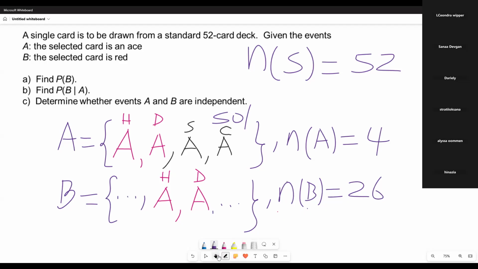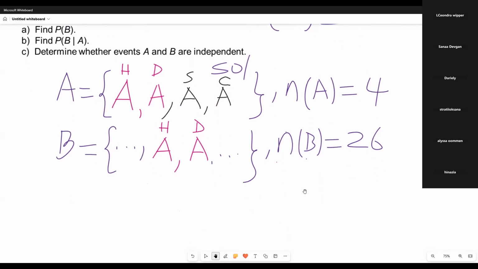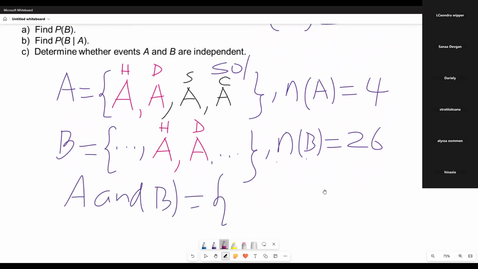So here, A and B will be ace of diamond, ace of heart. N of A and B equals 2.